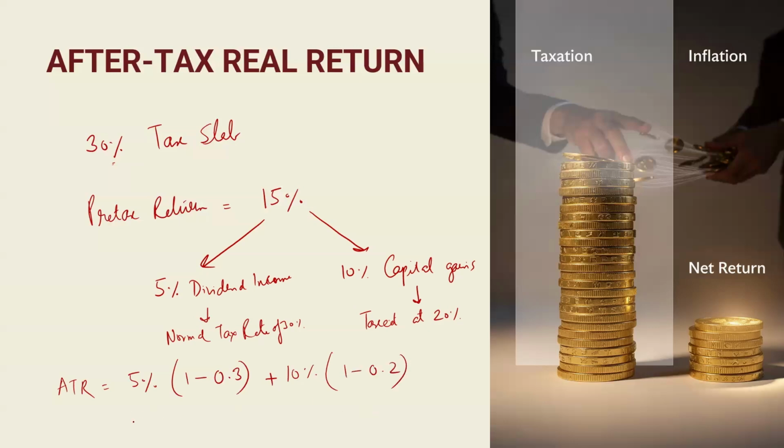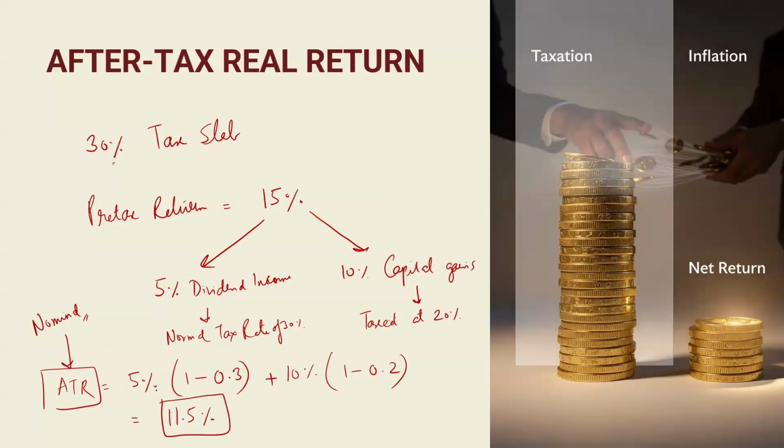So what is the net after tax return? And mind you, this is nominal right now. You haven't adjusted it for inflation yet. That's 8% plus 3.5%, which is 11.5%.